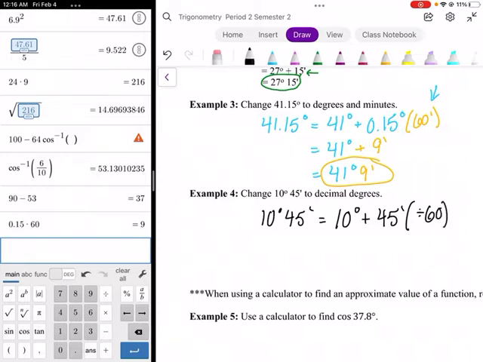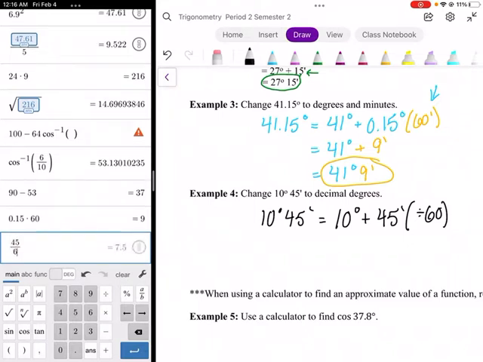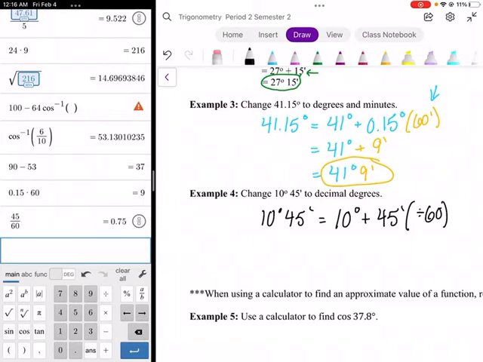And that will convert it to a decimal, so we can write our answer as decimal degrees instead of degree minutes, sorry. So we'll have 10 degrees plus 0.75 degrees, because we've now changed it back, which will make our final answer 10.75 degrees.